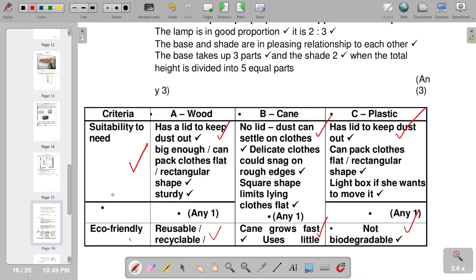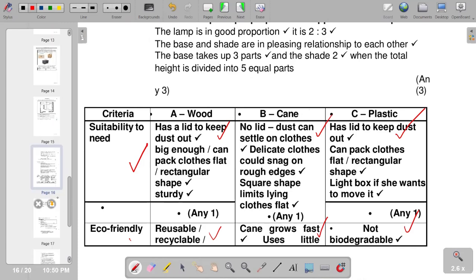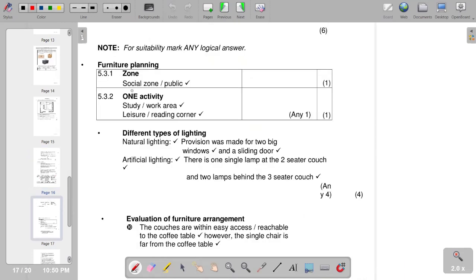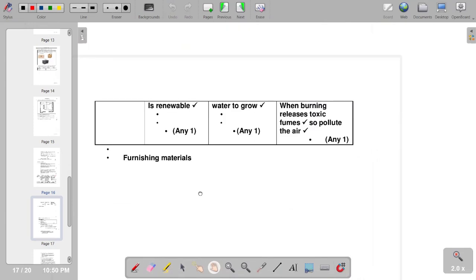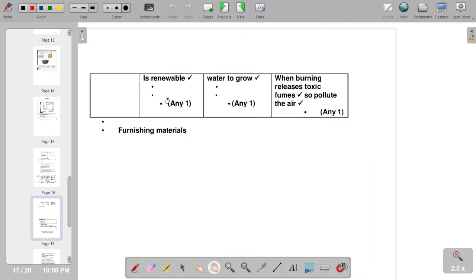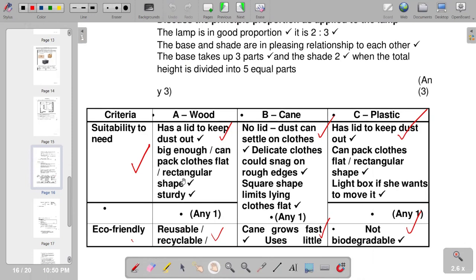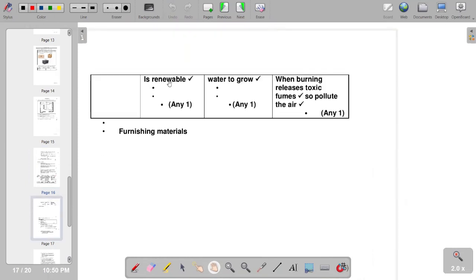Of course, we have a continuation of explanations on the next page. For eco-friendly, under wood, we are saying reusable, recyclable, and also renewable.